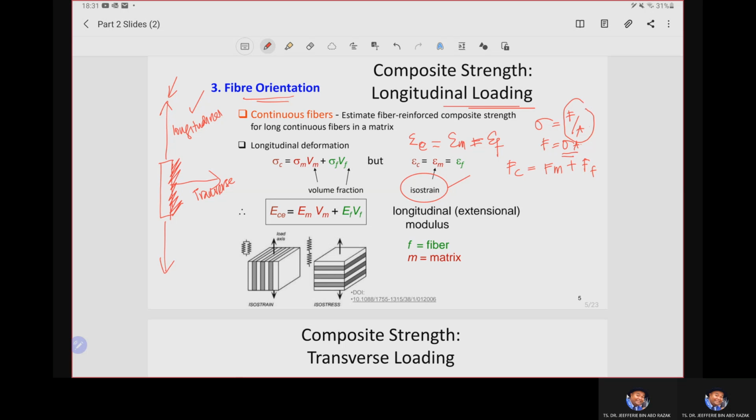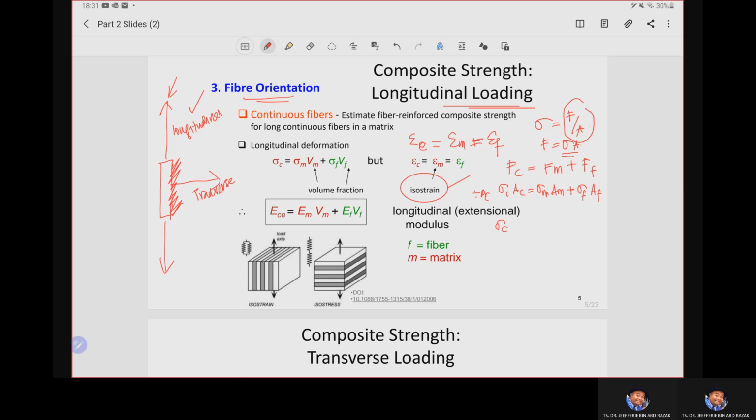Whereas for the cross-sectional areas, AC, AM, AF, you can write down sigma C AC equals sigma M AM plus sigma F AF. Now divide all the areas by the cross-sectional area of the composite, both left and right of the equation.